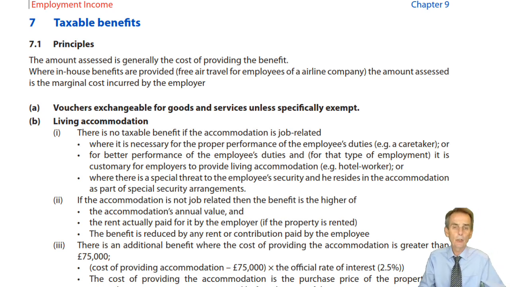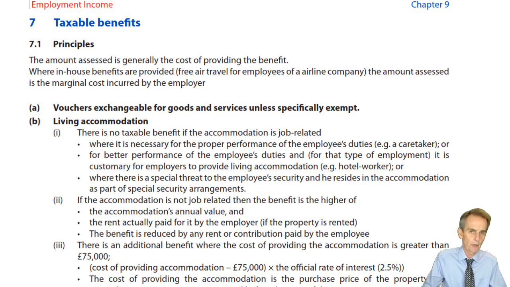That will be a newly recorded lecture, Lecture 3 in this chapter, because there have been serious updates since the FA 2017 recorded lecture, and therefore we need a new one to deal with it. It will follow on from this lecture, but this one gives us our introduction to taxable benefits.